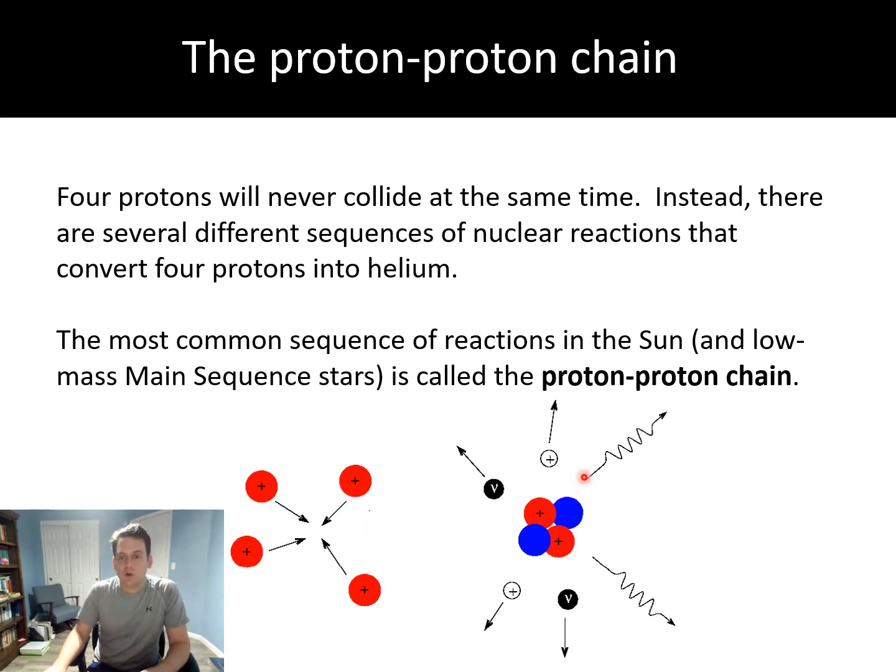In particular, the production of 2 positrons, which are these positive white particles flying out at high speed, and these 2 neutrinos as well, represented by the Greek letter nu. It looks like a lowercase v, but it's really the lowercase Greek letter nu. And finally, we have some photons flying off too, which are represented by these squiggly lines.